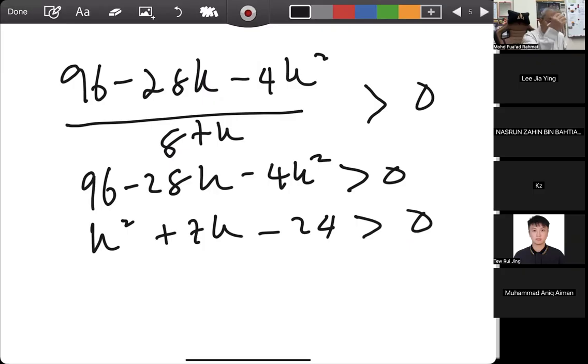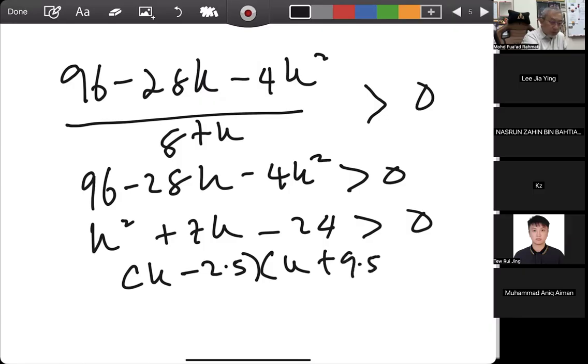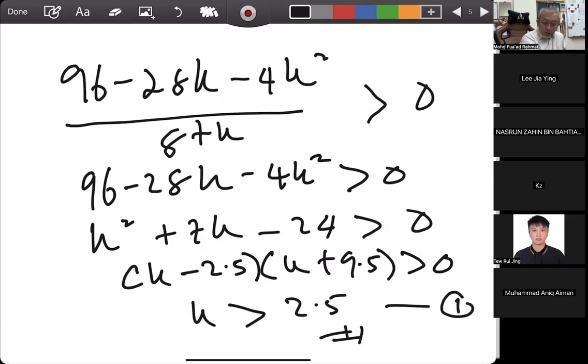So you will get two values, which is (K minus 2.5) and (K plus 9.5) greater than 0. Okay, so K is greater than 2.5 is our target.